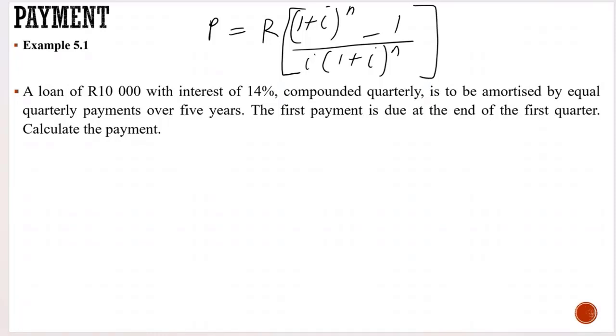The only thing you do here is play around and make R the subject of the formula, because we want the monthly payments. What are the monthly payments?